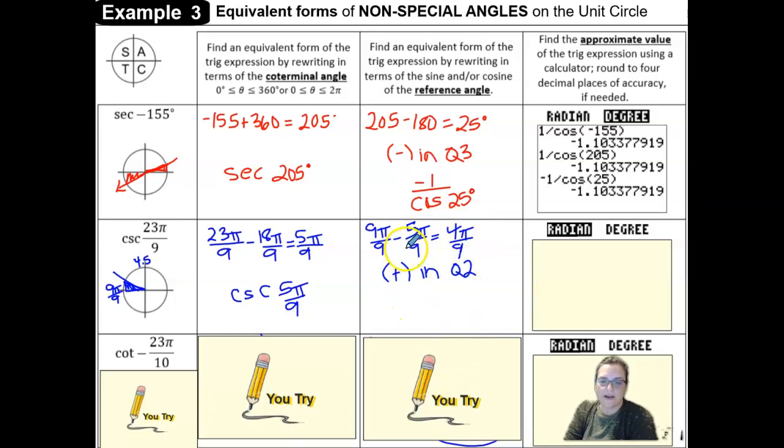So we rewrite this expression in terms of the sine and or cosine of the reference angle as 1 over the sine of 4 pi over 9.